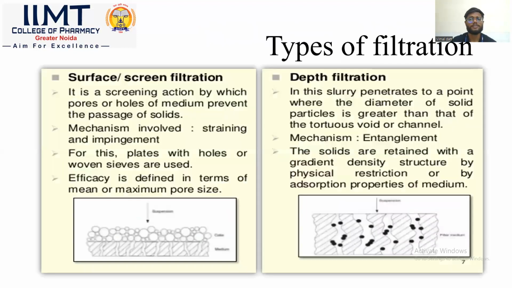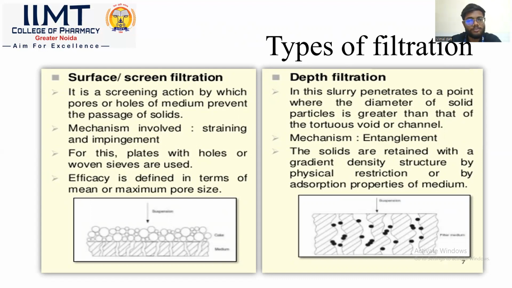And then types of filtration. So here are two types of filtration. First one is surface or screen filtration. Second one is depth filtration. Screen filtration is a screening action by which pores or holes of the medium prevent the passage of solids. Mechanism involved is straining and impingement.